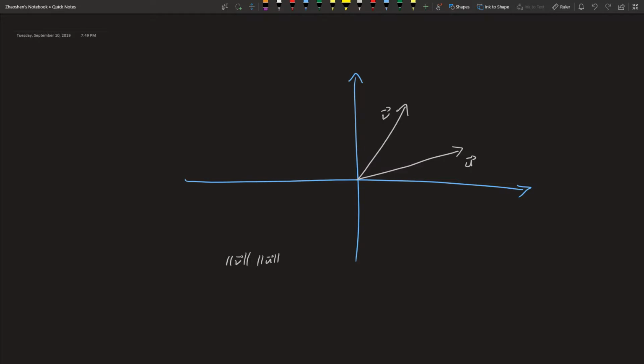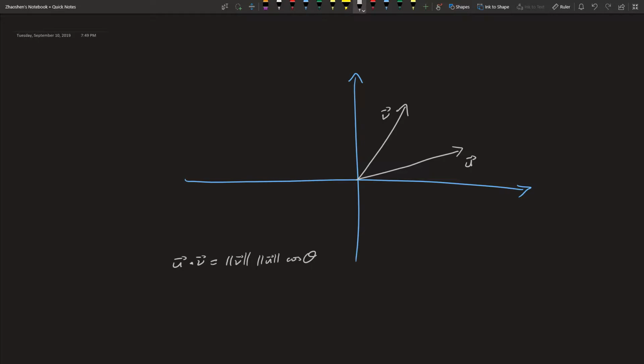However, if the vectors are pointed in different directions, more than 90, their dot product should be negative. So that's the idea. To mathematically represent this idea, I'm going to write cosine of theta after this. I'm going to explain why. So this is the formula for vector u dot vector v.